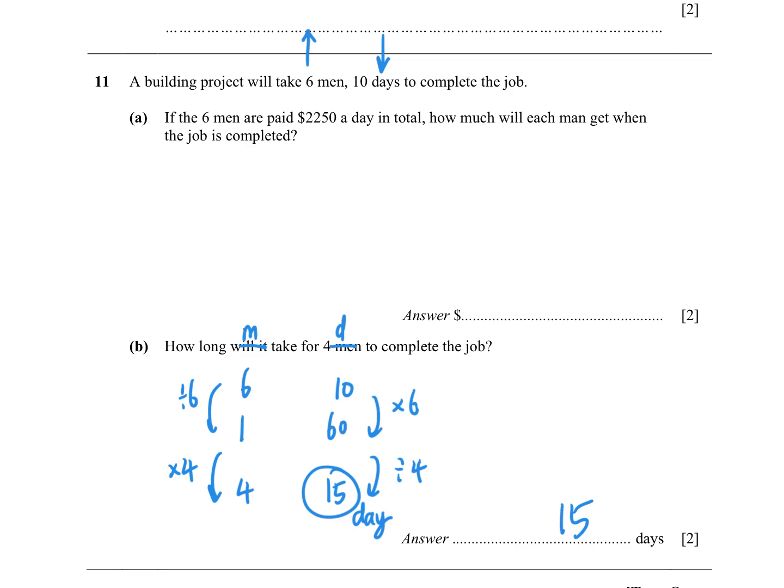Yeah, because 1 man will finish all the work, right? He needs to take 60 days. So it's an inverse proportion question. So how do you decide inverse or direct? You need to see if their direction is opposite. So more men means less time. If more men can complete more job, then it's direct proportion.